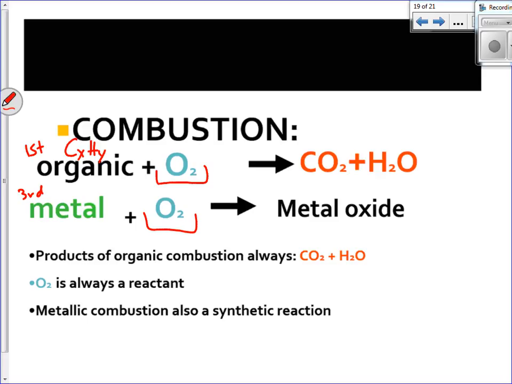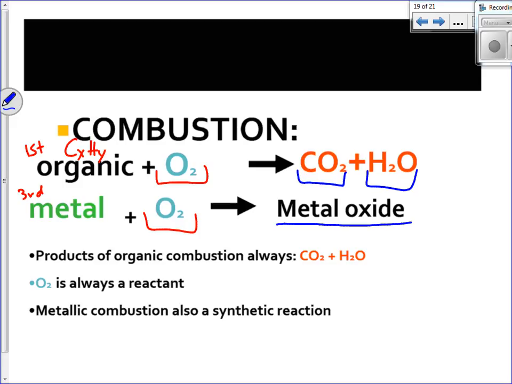Now for organic combustion, you get identical products each time. The products of organic combustion are always going to be carbon dioxide and water. Those do not change. Organic combustion is a carbon compound, hydrocarbon, plus oxygen gives you carbon dioxide and water. But in metallic combustion, you always get a metal oxide as your product.